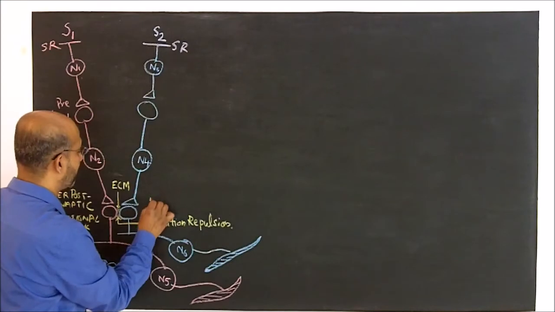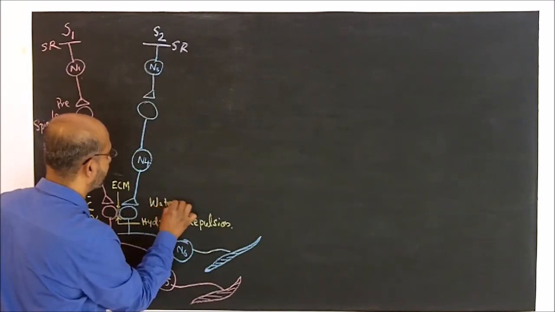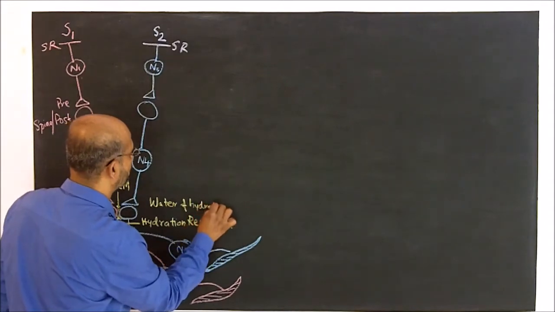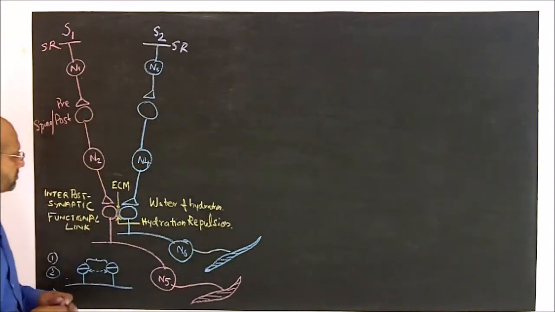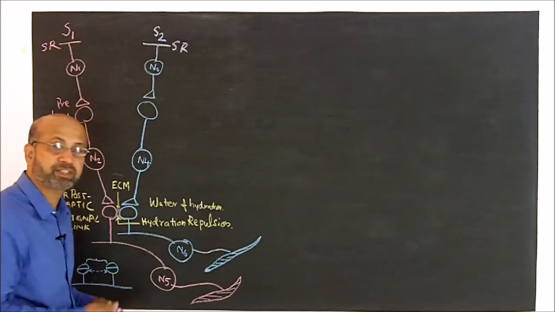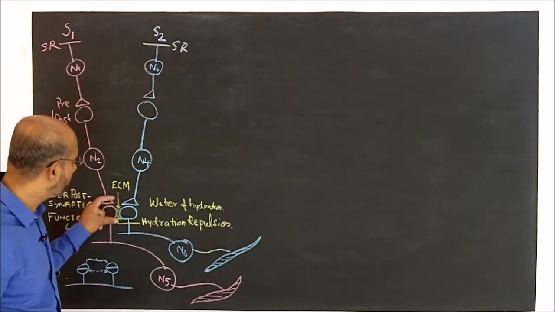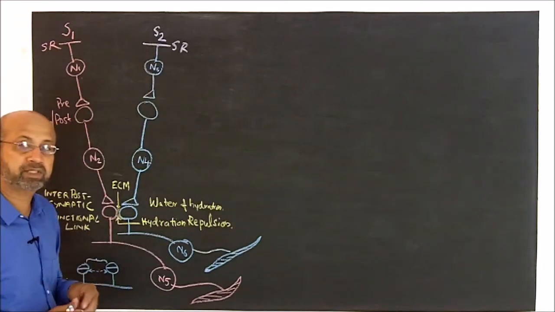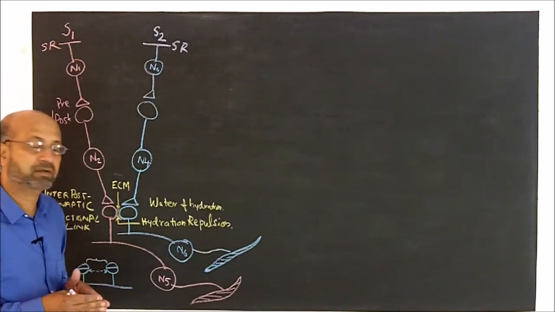In other words, we can say that there is water of hydration that separates those two dendritic spines. So a very high energy is required to exclude that water of hydration and bring those two dendritic spines in physical contact with each other.